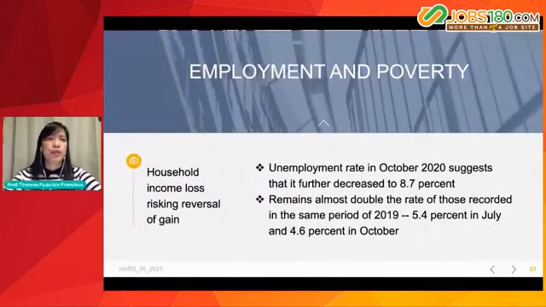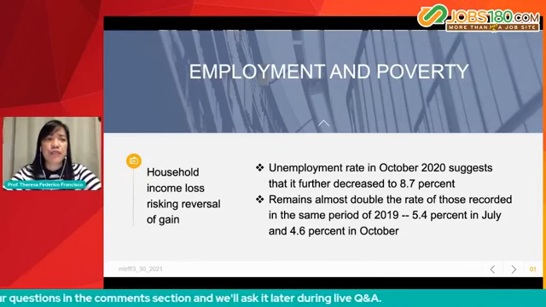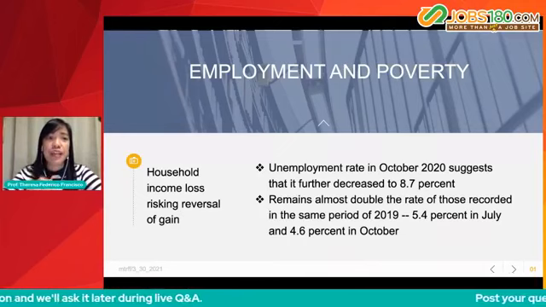Let's take a look at employment and poverty. The unemployment rate increased since the peak of the pandemic, yet it remains high. As the country gradually eased community quarantines introduced in 2020, the unemployment rate fell from 17.6% in April to 10.0% in July.